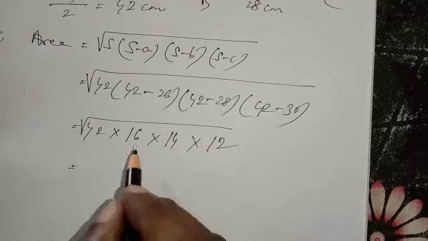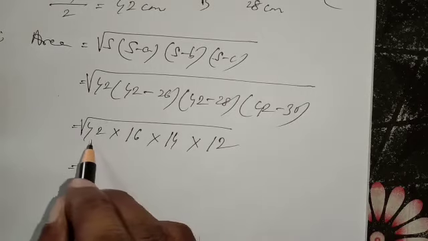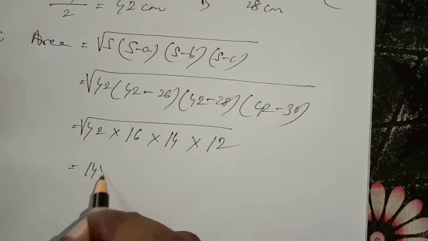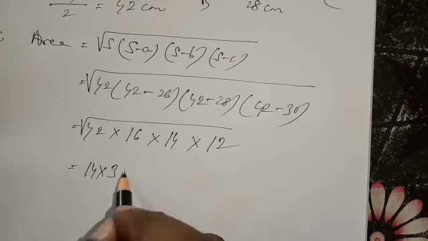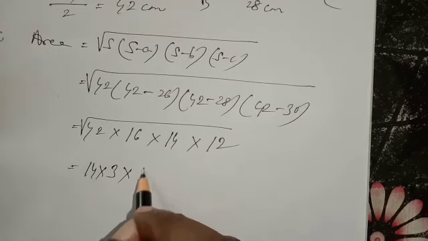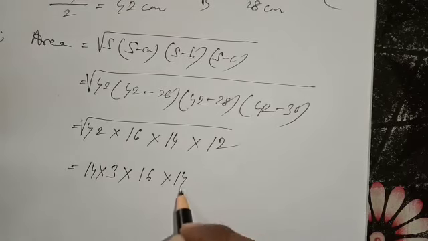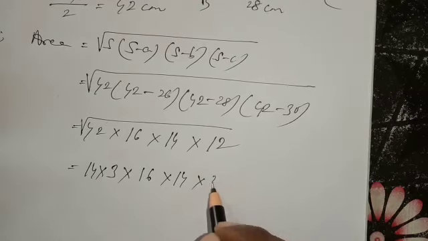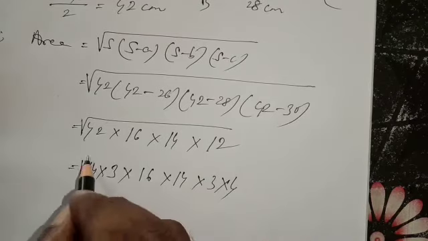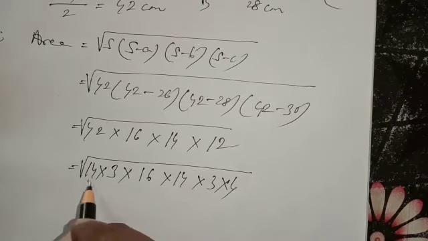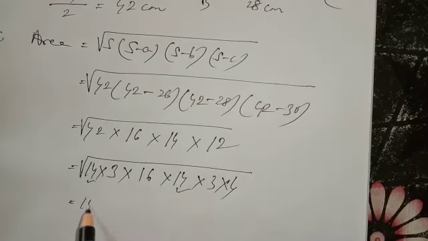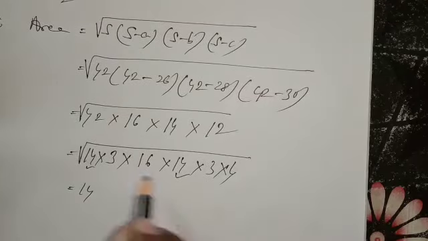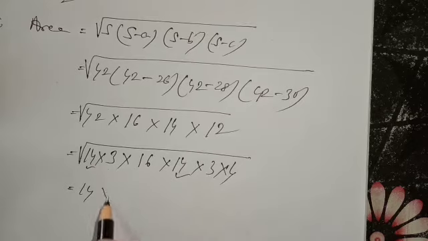Now just you have to evaluate 14 3 या 42, 16 keep it like this, 14 like this, 12 means you can write 3 into 4. Out of 2 14, I'll take 1 14. Out of 2 3, I'll take 1 3.